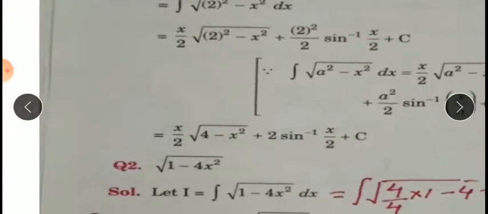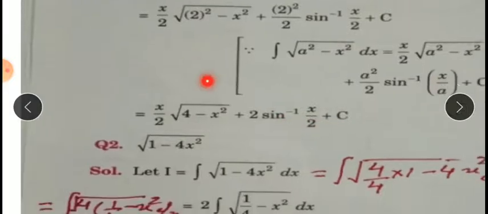Now our required integration is x by 2 square root 4 minus x square plus 2 sin inverse x upon 2 plus c. This is our required integration.